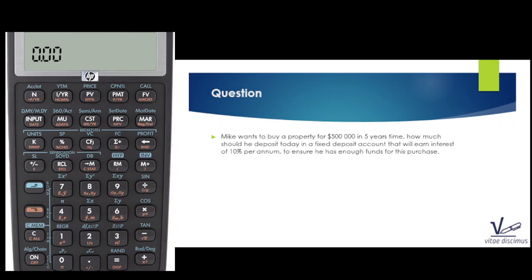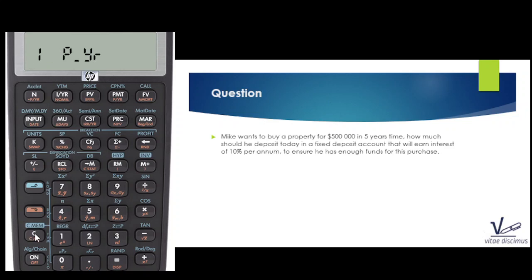So for us to be able to calculate that, we want to determine the present value, right? Which is the money that he needs to invest now so that you can see it grow to become 500,000 in 5 years' time. The first thing to do is to clear our memory. Here we are looking for a present value amount, and the interest of 10% is compounded annually. So we need to set our calculator to 1 period per year first.